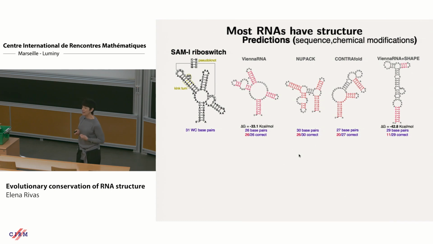Traditionally, since the 80s, we have methods where you take a sequence and you can produce a structure. So here I'm giving you a real structural RNA, a SAM riboswitch, and I'm giving you predictions. These are different packages that give you predictions of the structures just from the sequence.